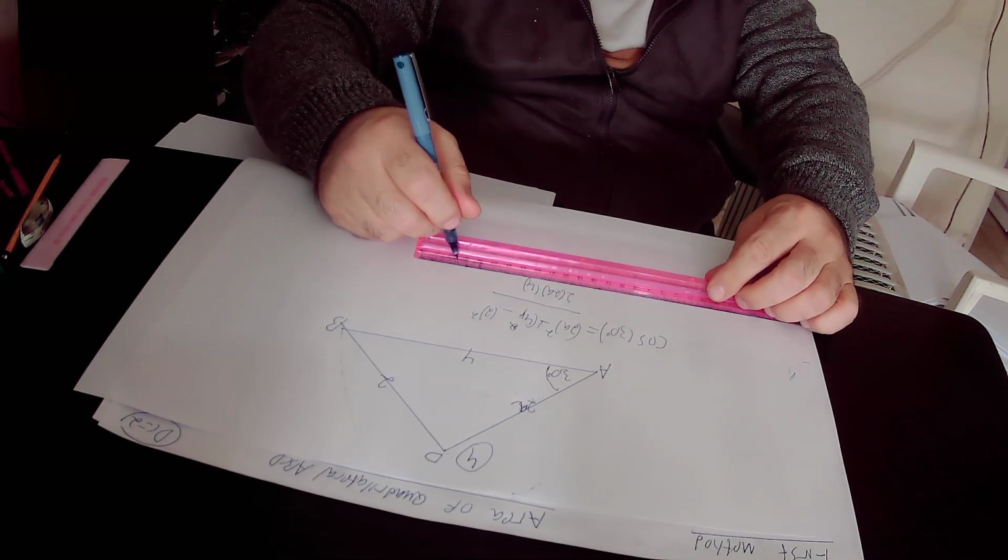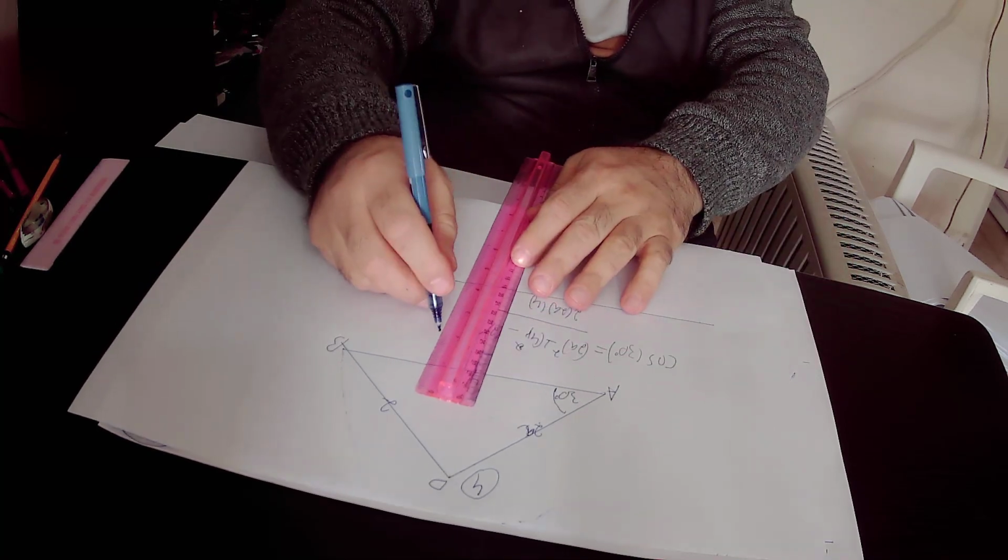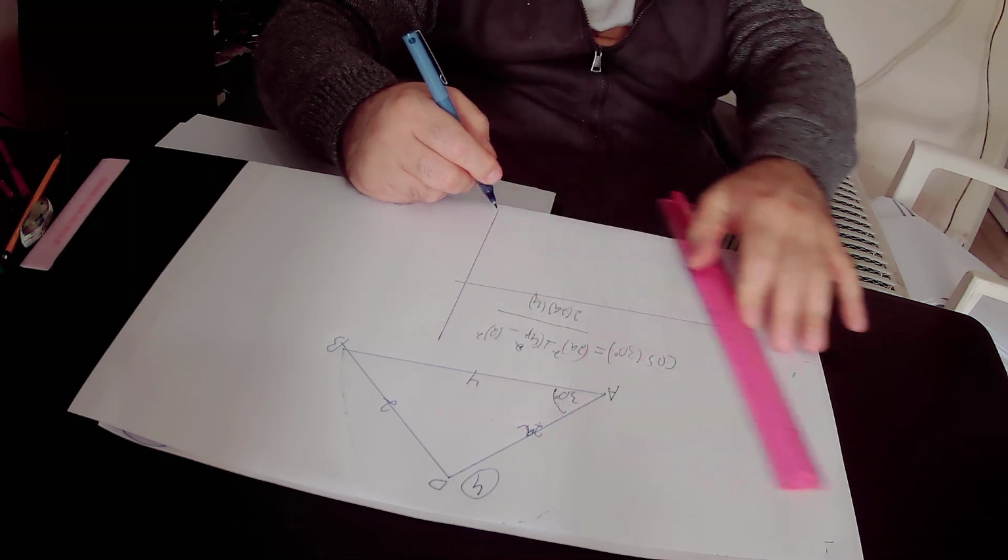We know that cosine 30 degrees equals square root of 3 over 2, so I write it down.